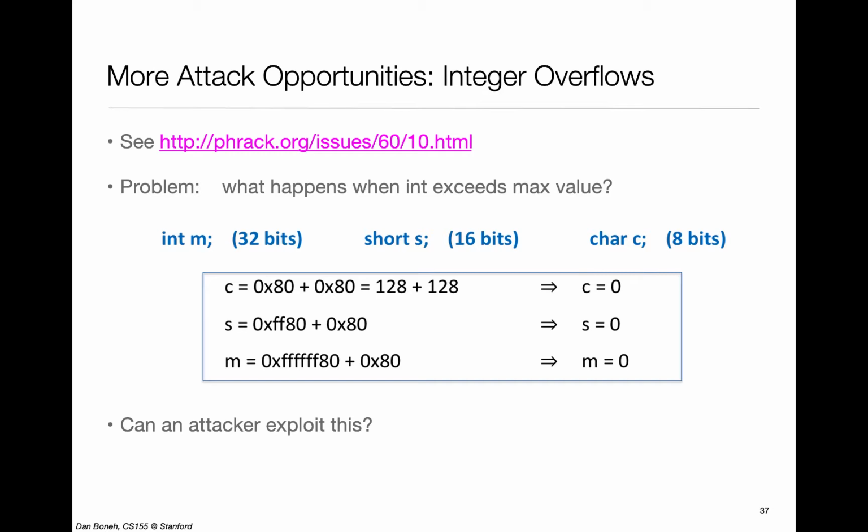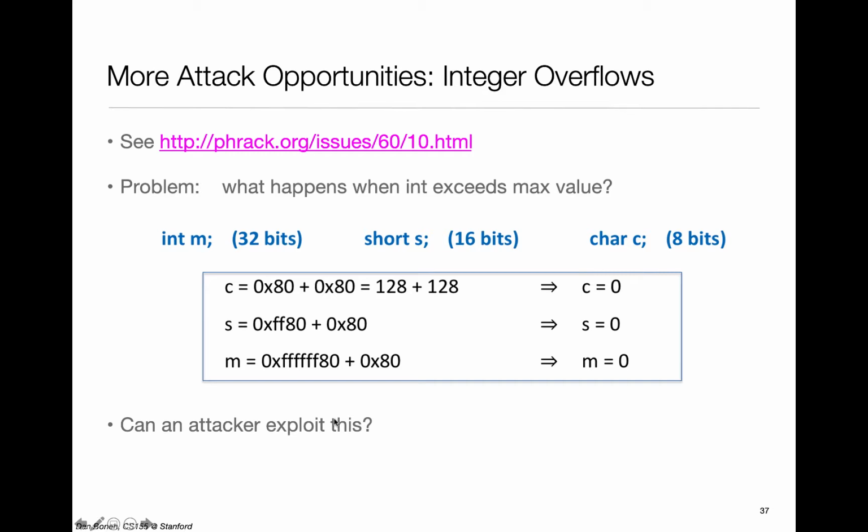If a char is 8 bits, the max value is 255. So for example, if we were to add these two hex values, which would be 128 plus 128, the result would actually be a char overflow, which would mean it is reset to 0. And the same thing would happen for shorts as well as integers.